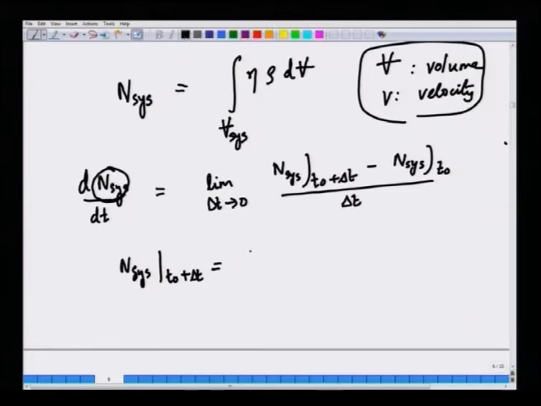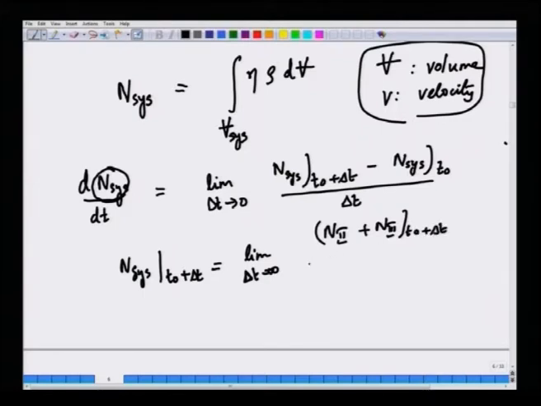N system is therefore limit delta t going to 0, N system at t0 plus delta t is nothing but N2 plus N3 at t0 plus delta t.